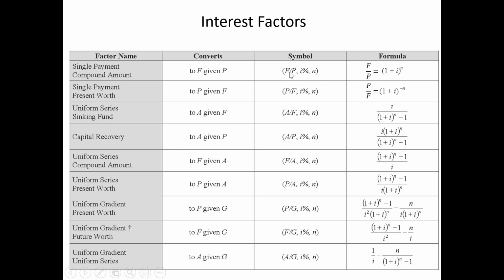So P slash F, what that means is the ratio of the future, I'm sorry, I said that wrong, F slash P. It's the ratio of the future value to the present value on the left-hand side of the equality, and on the right-hand side of the equality is just what's in the rest of that table. So A divided by F is equal to whatever you'd calculate here, and so on and so forth.